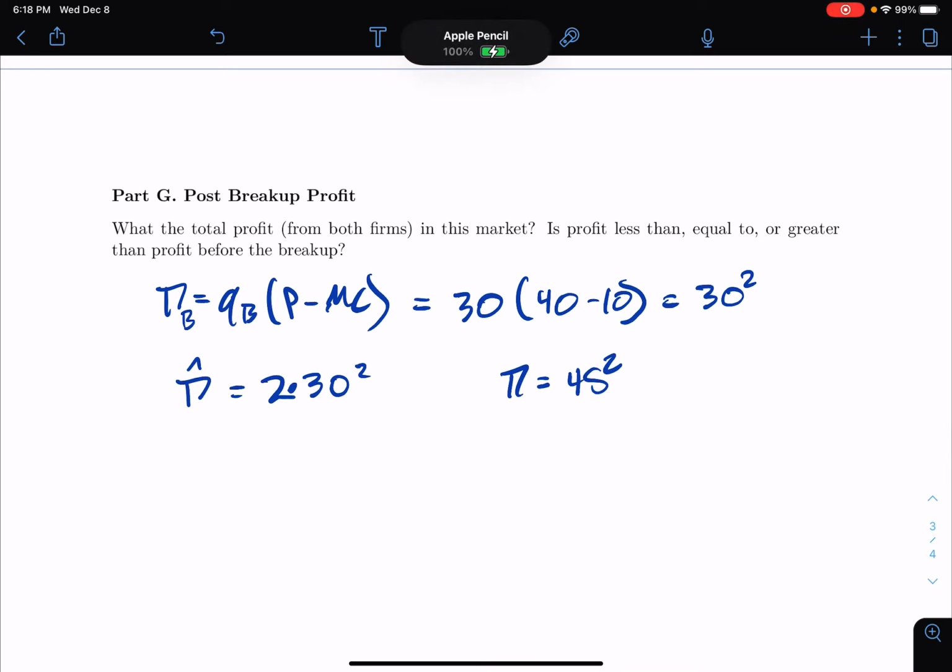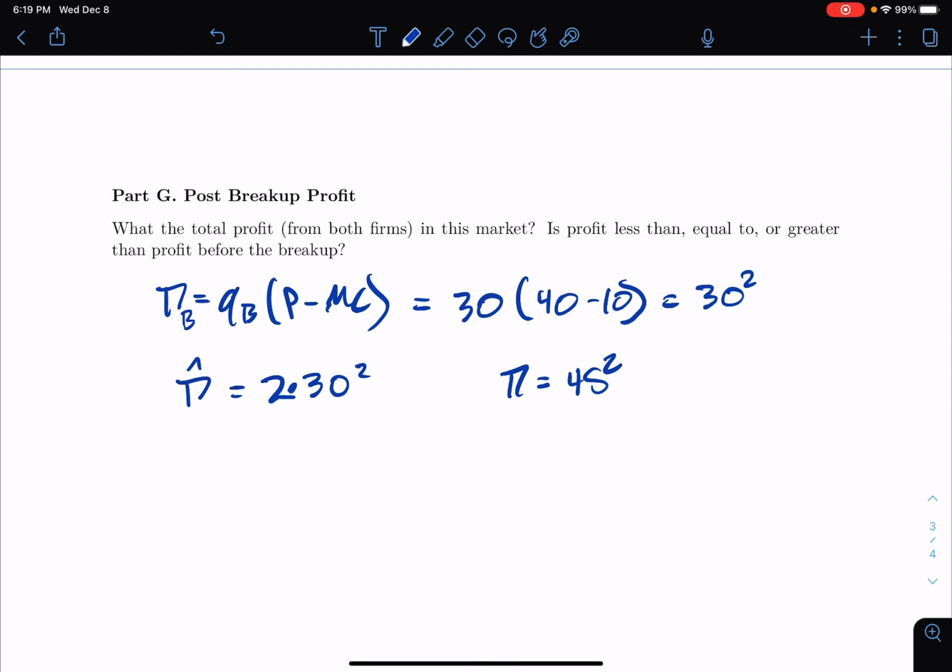So this is the point where I run to a calculator. My expectation here is that the profit for the two firms is greater. So I'm going to plug 2 times 30 squared into a calculator and subtract 45 times 45.